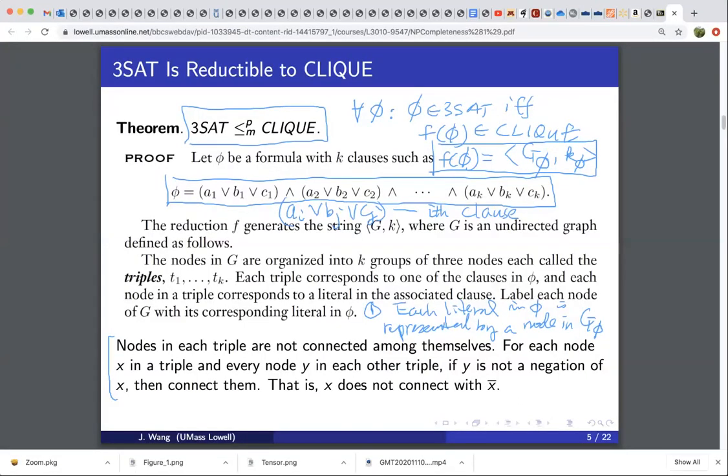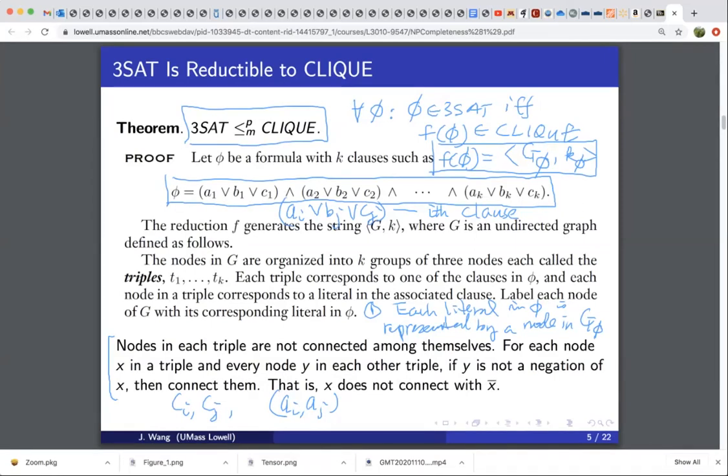So for any clauses CI and CJ, we're going to make a connection AI with AJ if they are non-trivial, in other words, if AJ is not the negation of AI.